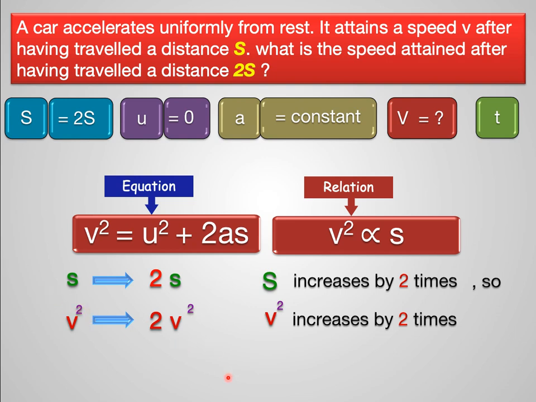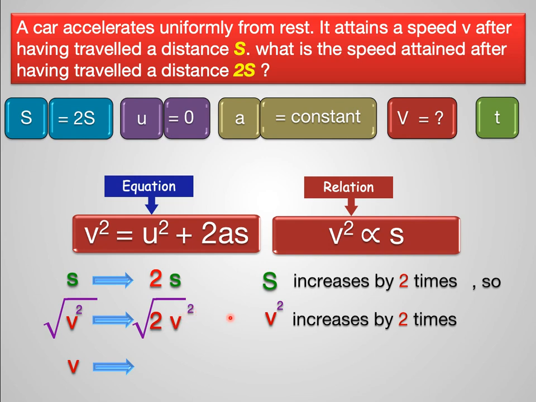What do we do to remove the square? We put square root. Just put square root on every term. On the left hand side, the square root and the square will cancel. You get v. You will know what happens to v now. The right hand side, square root 2, then square root of v square.